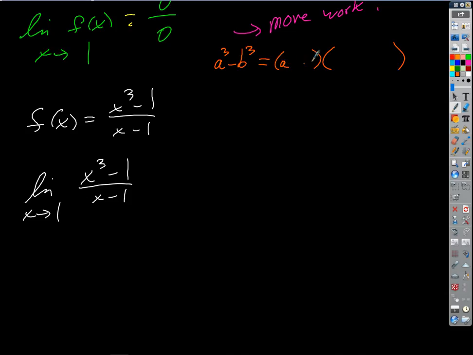The linear one has an a and a b, the quadratic one has an a squared and an a times b and a b squared. Whatever the operation is in the original, it goes there. We get the opposite there, and this one is always positive. Okay? Make sense?